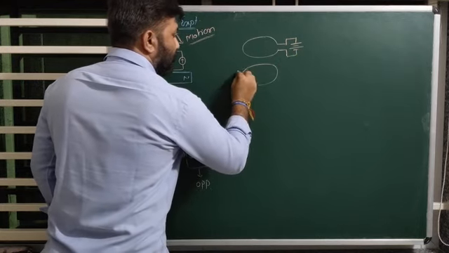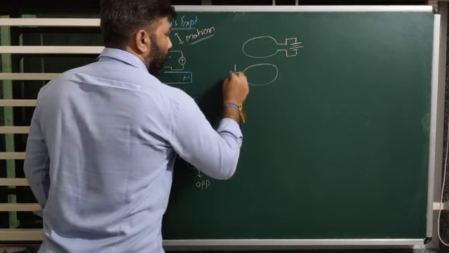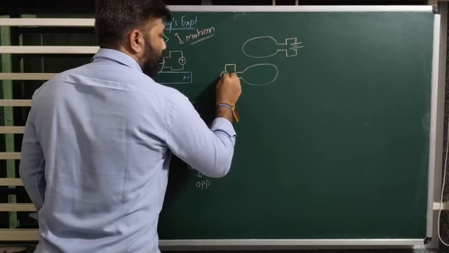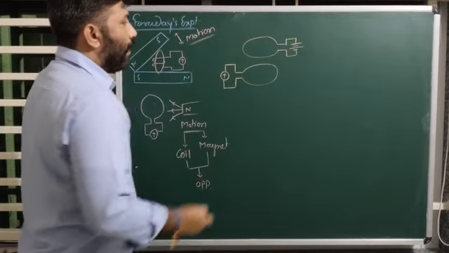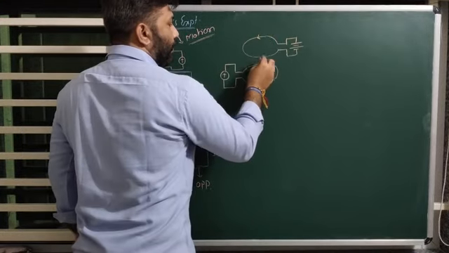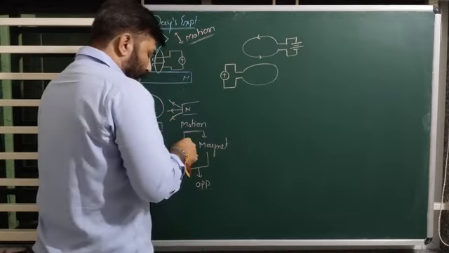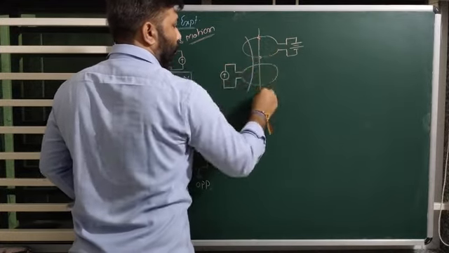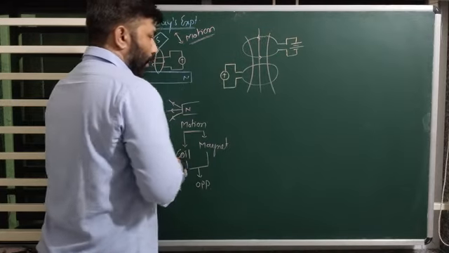Another coil is connected with a galvanometer, right? When electric current passes through it, magnetic field lines are linked with coil number 2, right?